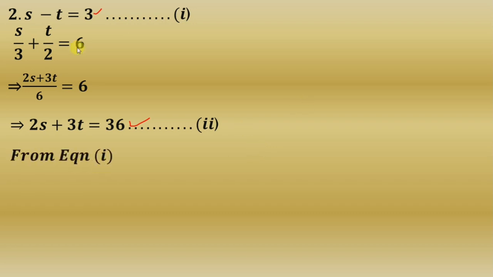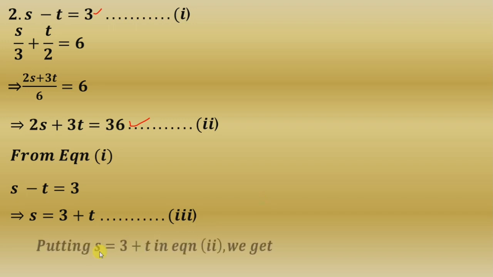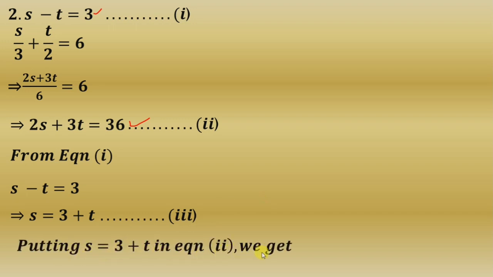So now from equation 1, s minus t is equal to 3. I'll get s is equal to 3 plus t. When you come this side, minus t becomes plus t. I'll mark it equation number 3. Putting s is equal to 3 plus t in equation 2, that means now I will substitute the value of s by 3 plus t.